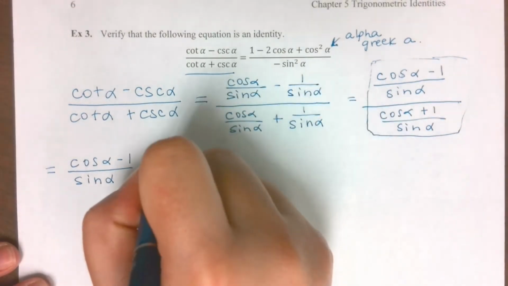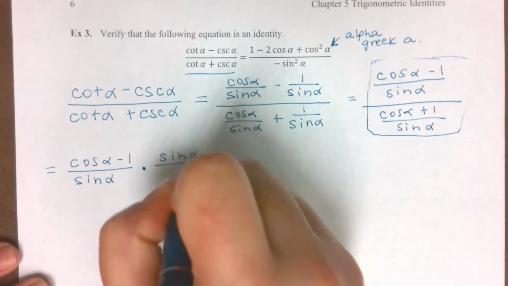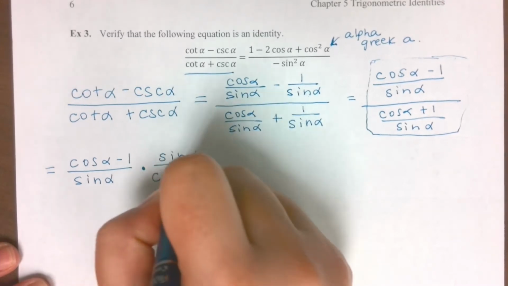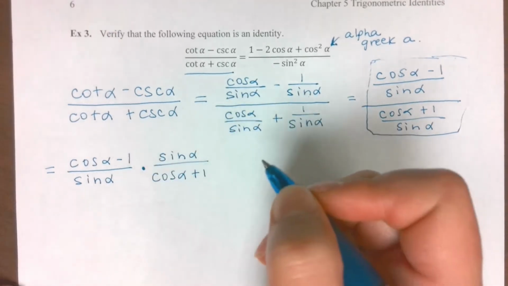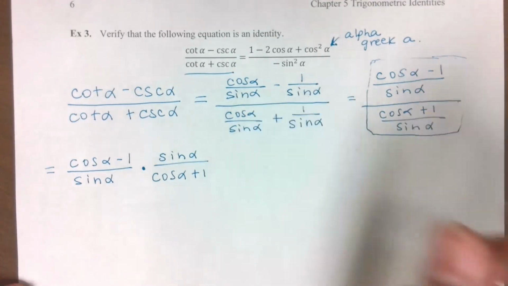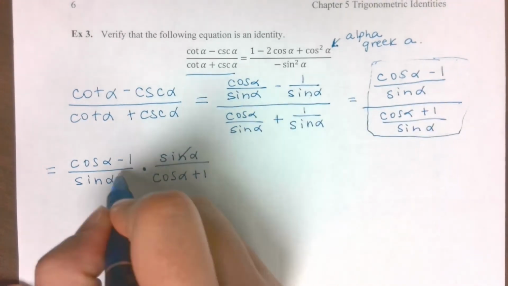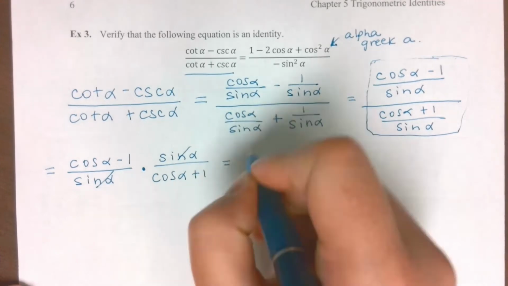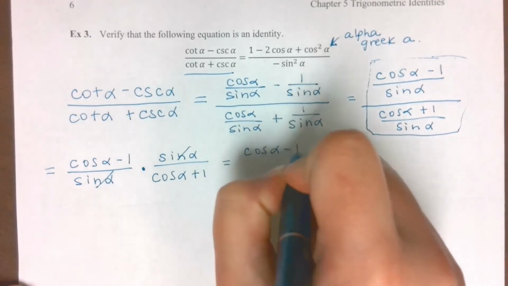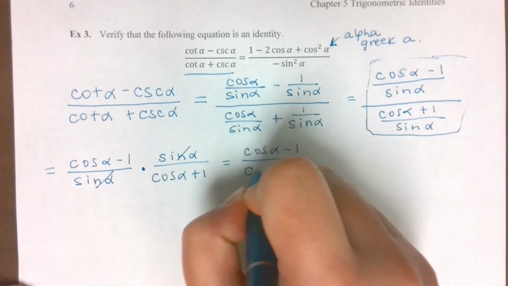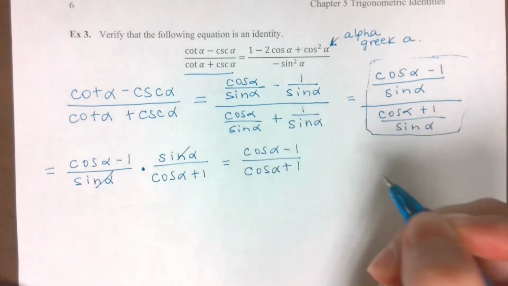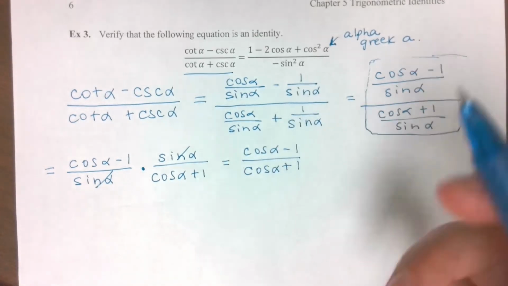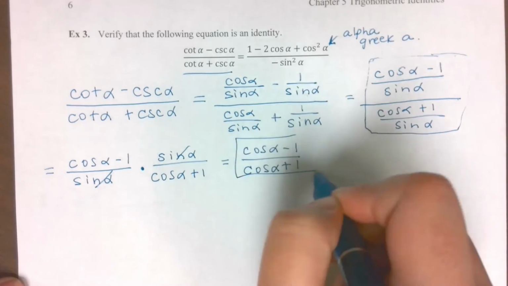So then we have times sine alpha over cosine alpha plus 1. Alright, so then the sine is going to go away, so we're left with cosine alpha minus 1 over cosine alpha plus 1. Alright, so this is what we have so far.